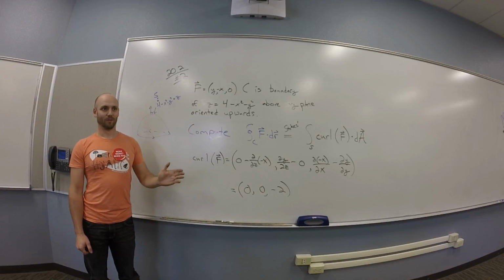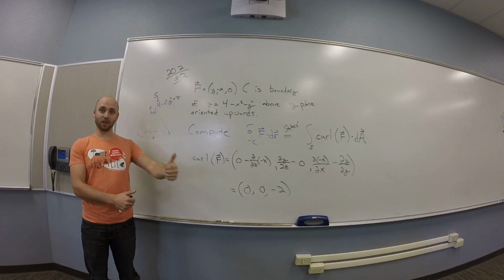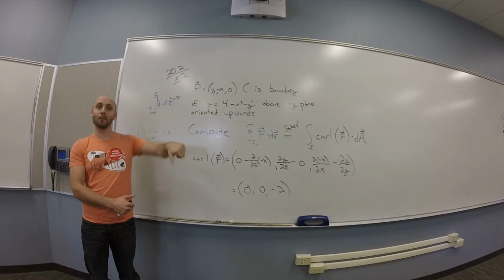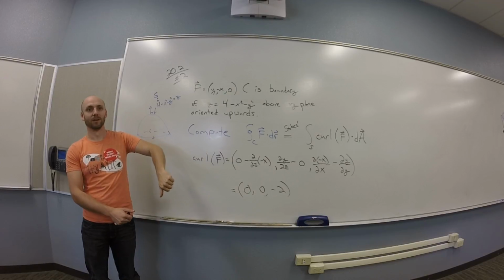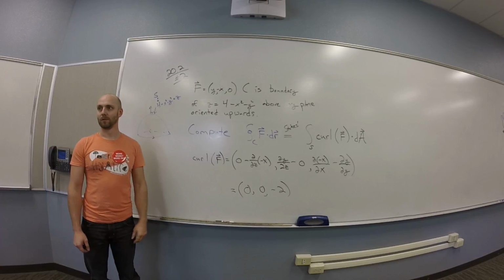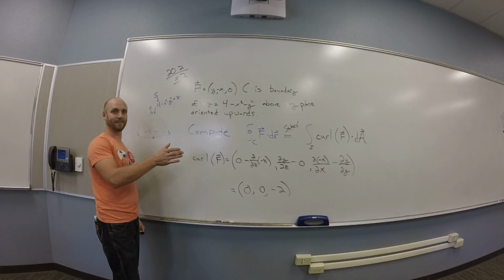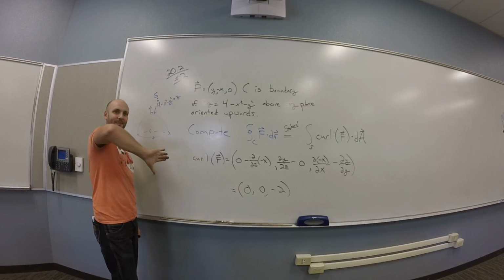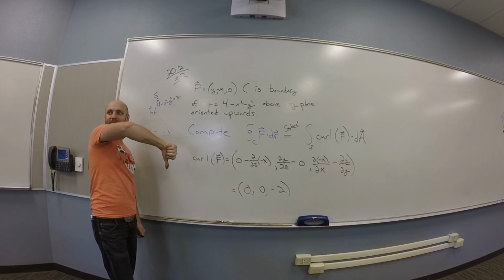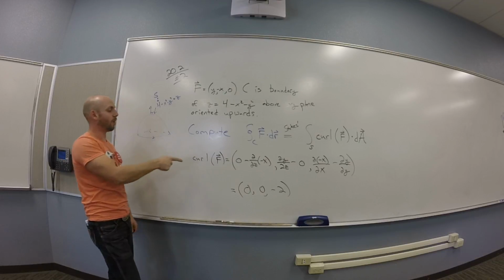So where are the eddies going to be? Well, they're going to be flat too. And so the perpendicular direction of the eddies is going to be up or down. I don't know which. Apparently it's down. Cool. Okay, so I found the curl.